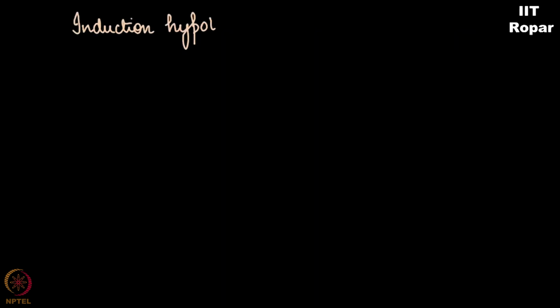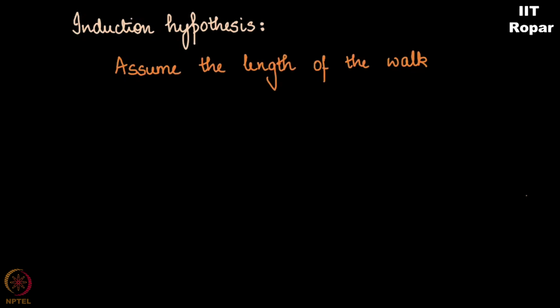Going to the induction hypothesis, what does it mean? I assume that the statement holds true if the length of the walk is less than or equal to K. So if there exists a UV walk in G, there exists a UV path in G of length L less than or equal to K. I'm assuming this to be true.